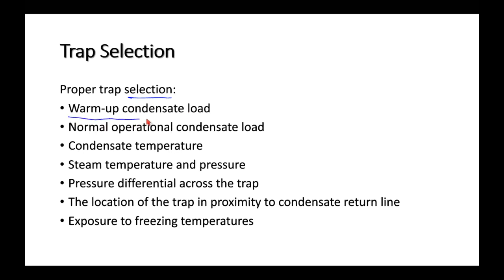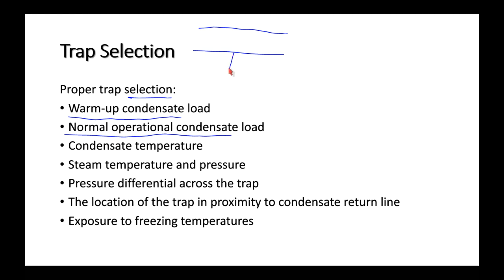So we have to decide, do we want to use this for a warm-up condensate load, or do we want to use it for a normal operational load? And there's going to be a difference. So here's my steam pipe, and we know that some traps are pretty big and some are small, and really this is a good indication of its ability to discharge condensate.